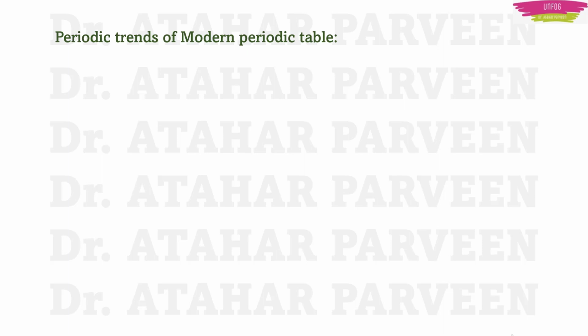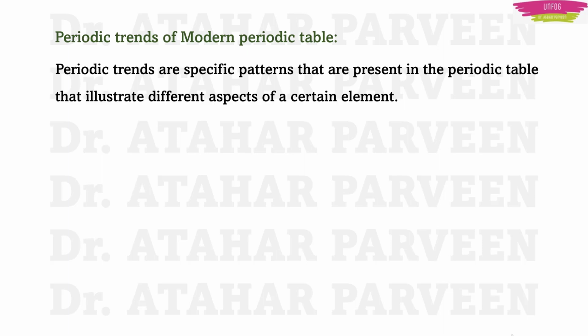Now keeping this in mind, what are the periodic trends? On what basis are we saying that there is a periodicity among the elements in a periodic table? For that we have periodic trends in the modern periodic table. They are the specific patterns present in the periodic table that illustrate different aspects of a certain element.